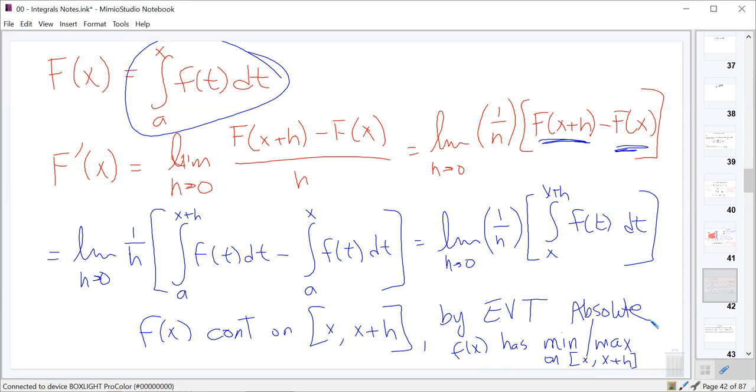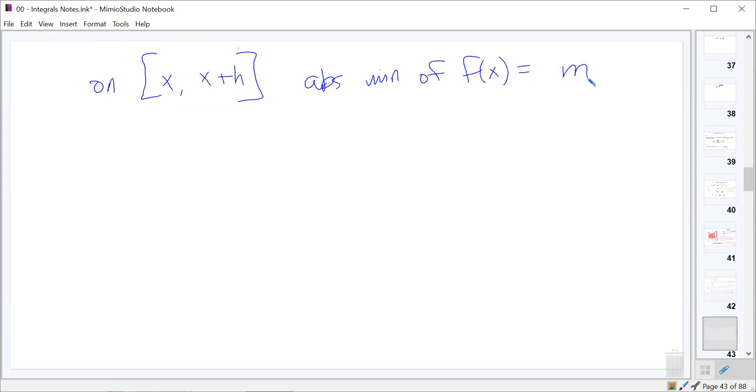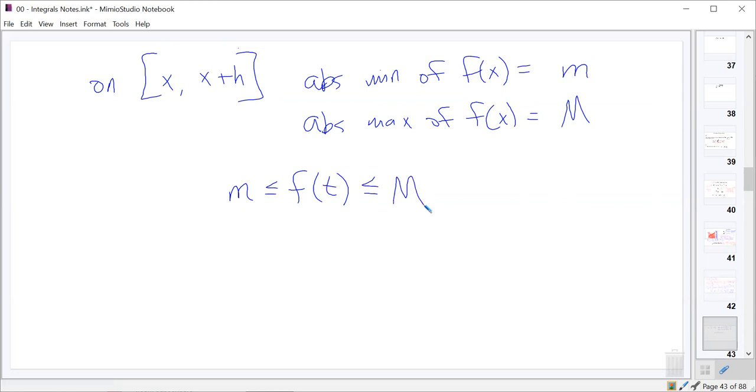So what I'm going to do is now say that on the closed interval from x to x plus h, the absolute min of f of x, we'll just call it lowercase m. And the absolute max of f, we'll just call it capital M. And we know that those two things must exist, which tells us that m is less than or equal to the function, which is less than or equal to its maximum.